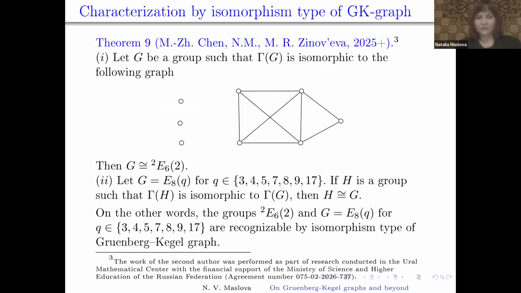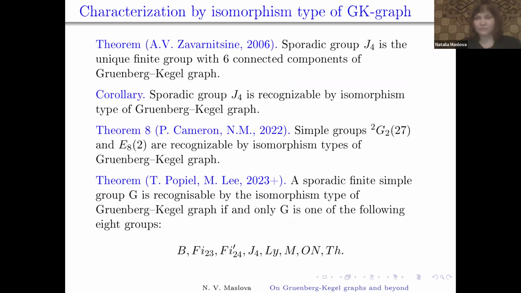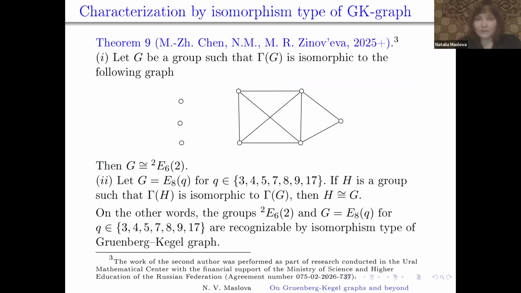And our recent result with Marianna Zinovieva: if you consider twisted E6, 2E6(q), and E8(q) for q equal to 3, 4, 5, 7, 8, 9, and 17, then these groups are also uniquely determined by the Gruenberg-Kegel graphs.